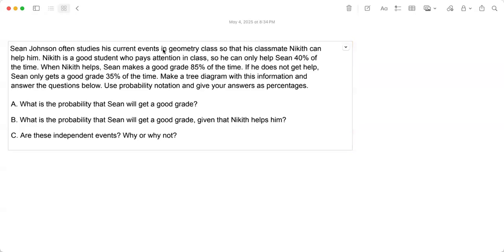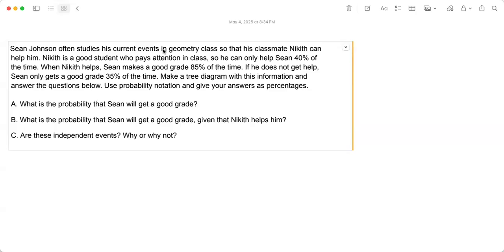If Nikit does not help, Sean gets a good grade only 35% of the time. So make a tree diagram. First of all, make the tree diagram. Then tell what is the probability that Sean will get a good grade. First, let's answer A. First, draw the tree diagram.